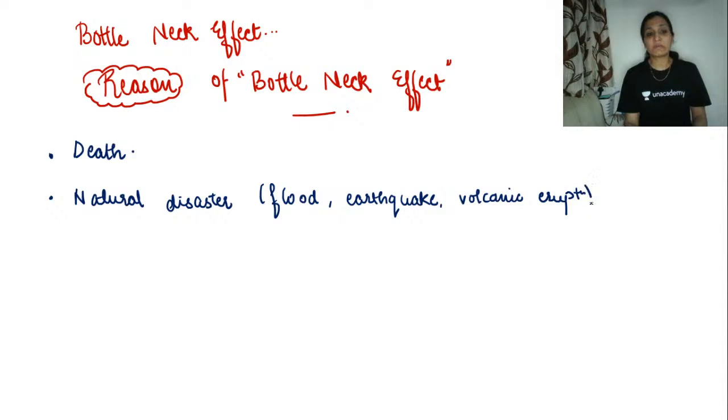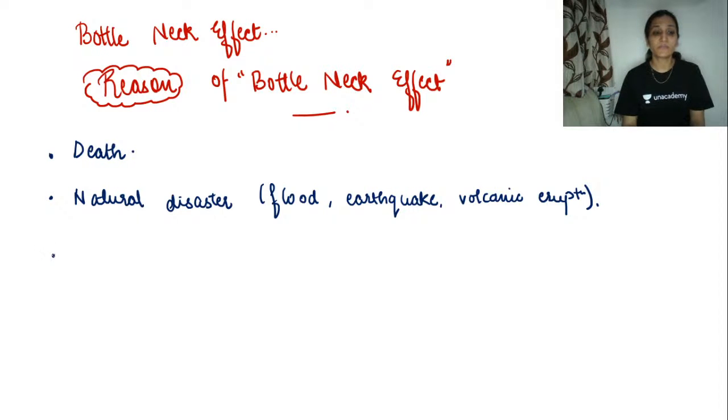Anything can lead to death. The death should be random, not selective on the basis of genes. Even a person having a stronger genetic makeup or stronger immune makeup, if they come into that environment, will also suffer death.